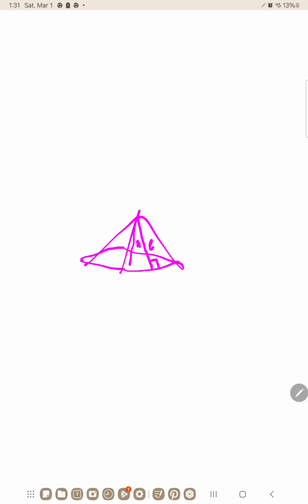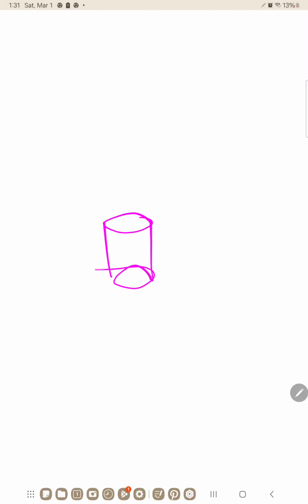So height, slant height, and radius for the pyramid. And for the cylinder, I can't believe I actually deleted them, you'd have the height and the radius, R and H. And that's all the shapes.